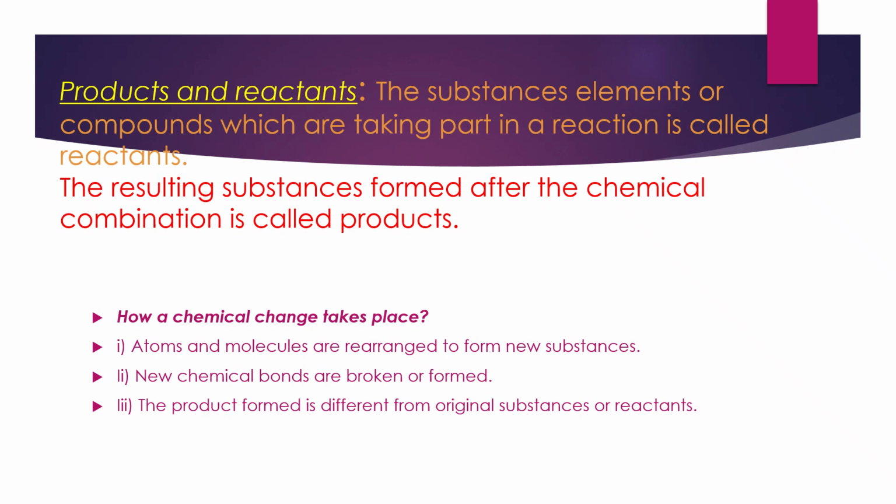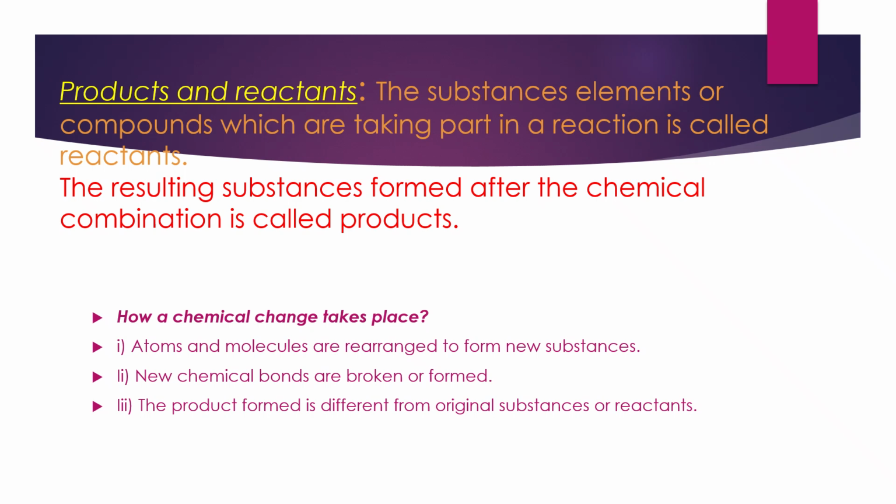Now, products and reactants. In previous slides I have told about the products and reactants. What are reactants? The substances, elements or compounds which are taking part in the reactions are called reactants. The resulting substances formed after the chemical combination are called products. Then how does a chemical change take place? First, atoms and molecules are rearranged to form new substances.